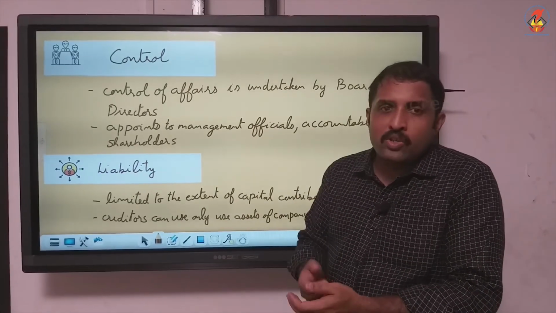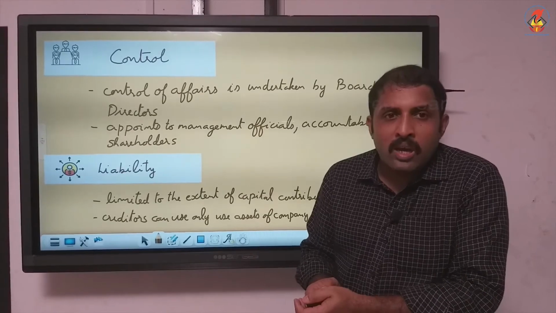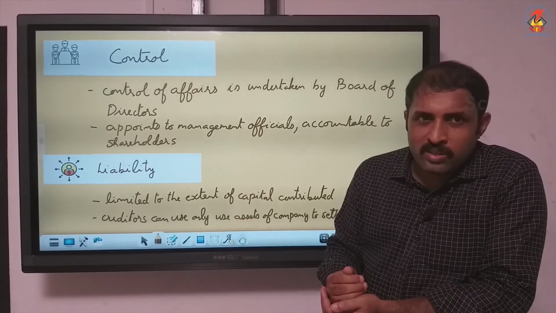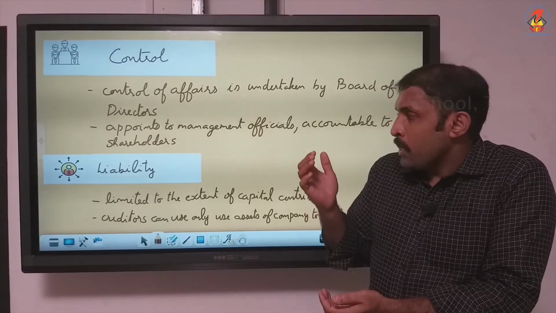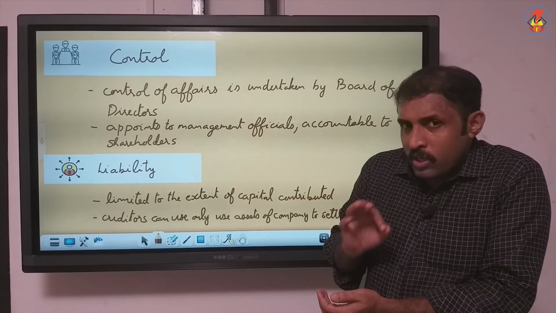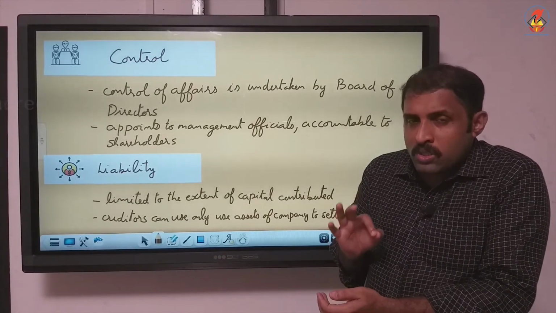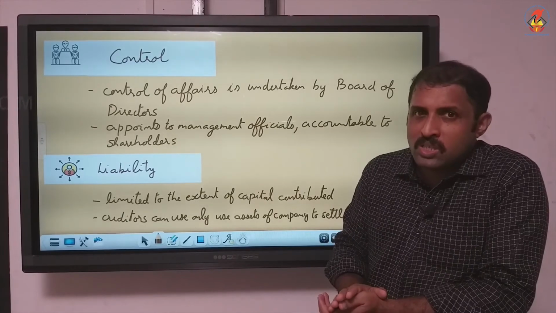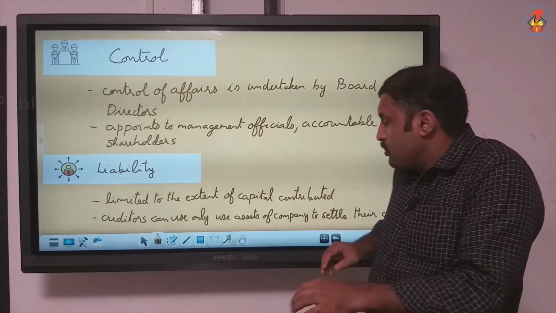So that is also another thing which you have to understand. Liability is limited only to the amount they have paid for the shares.